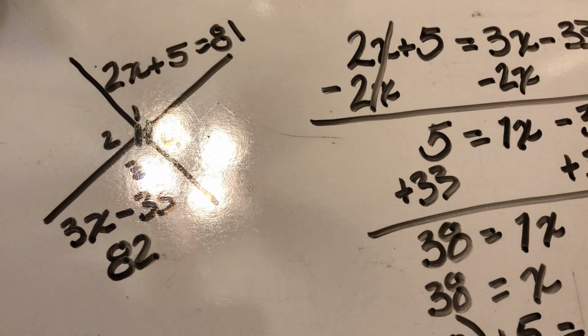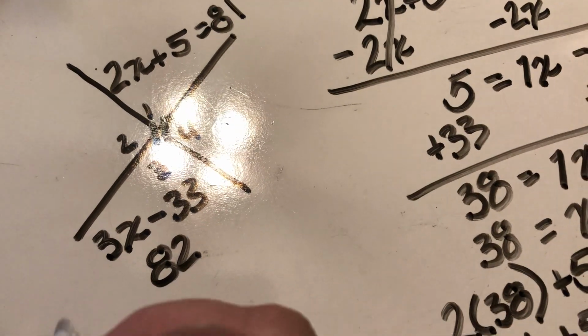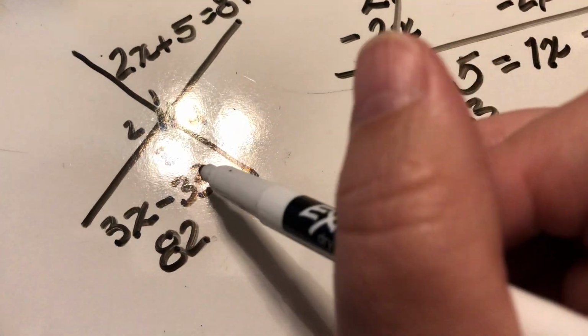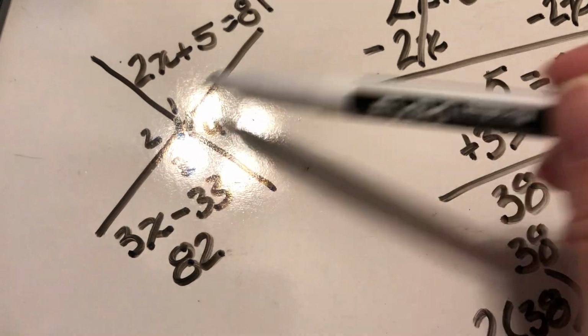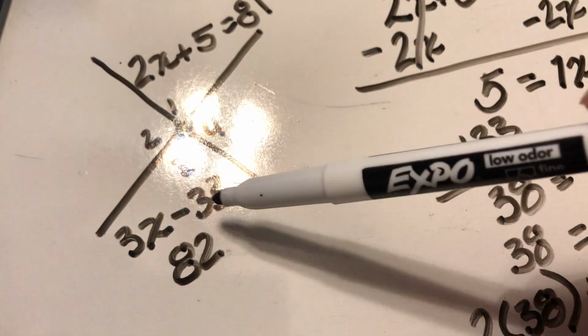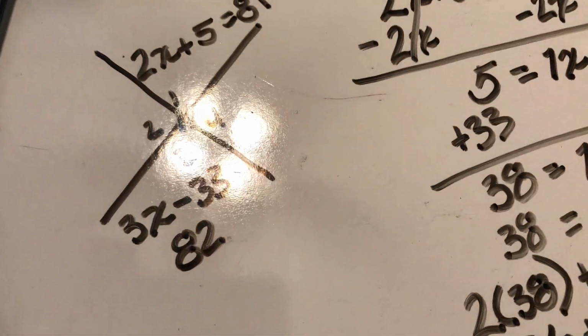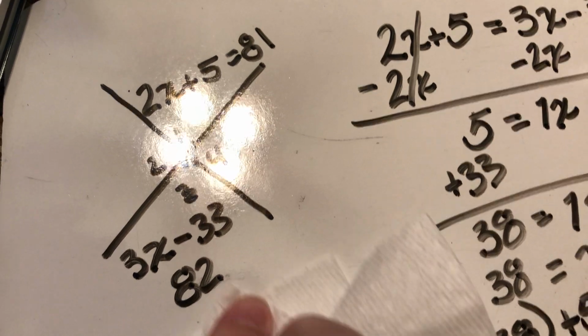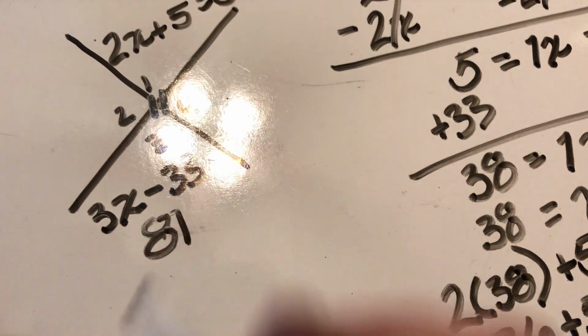Now to find angle 2 and 4. I'm sorry, that was angle 3, not 2. So angle 2, I can either do from angle 1 plus angle 2 equals 180, or angle 2 plus angle 3 equals 180. Doesn't matter because they both equal 81.